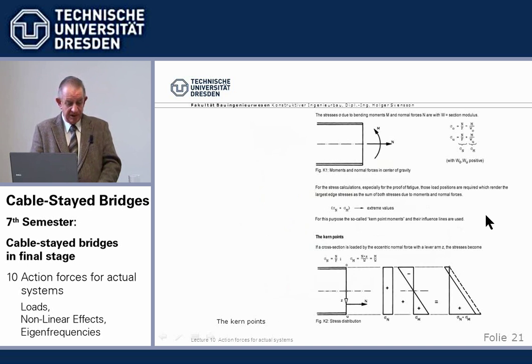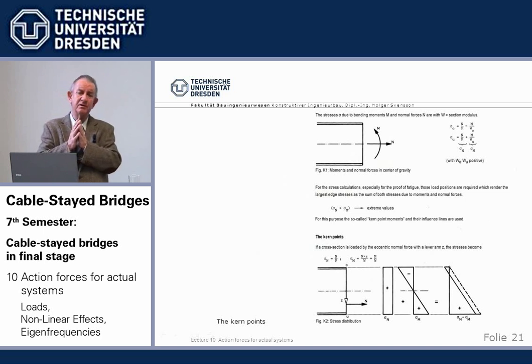Now, current point moments, I'm not really going into because I think you've learned all that. The problem sometimes is if a load creates moments and at the same time normal forces, then we do not exactly know what load position gives us the biggest stresses.